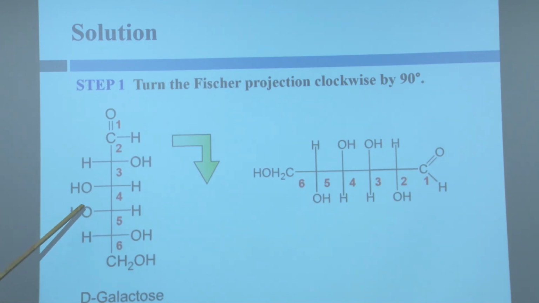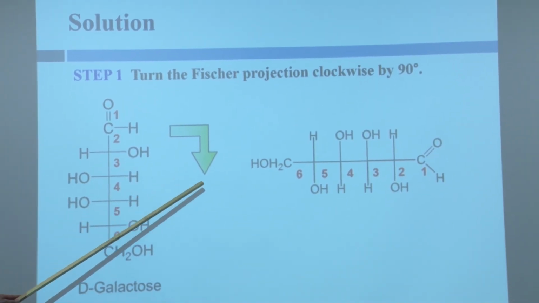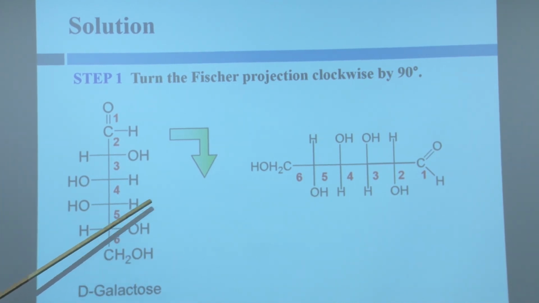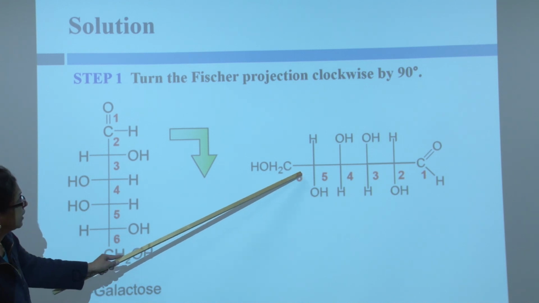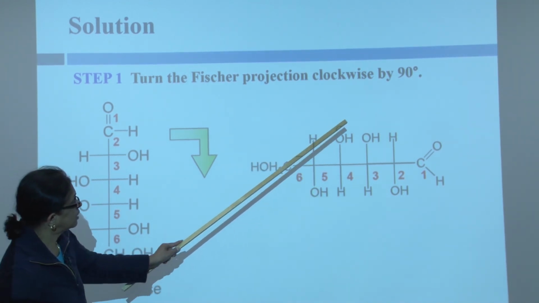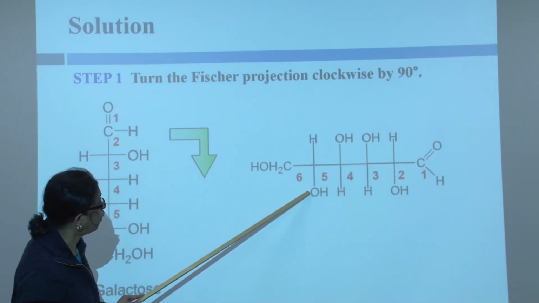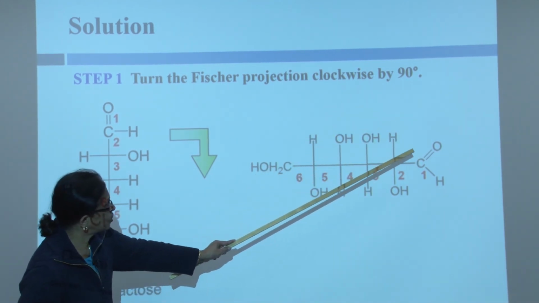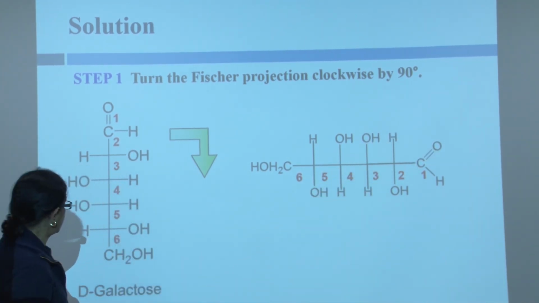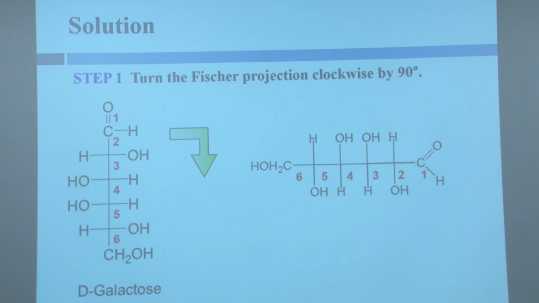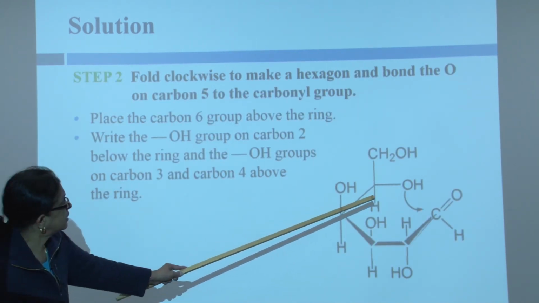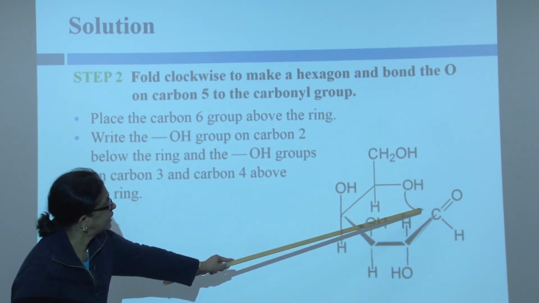So what we will do is first rotate 90 degrees. So there is D-galactose. We are rotating D-galactose. Now we are going to fold the carbon. The O from the OH connects to the carbon. The hydrogen connects to this oxygen. So 90 degrees. Now we fold, this O connects to the carbon.